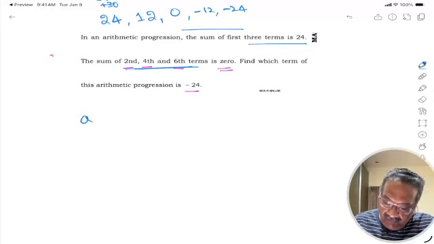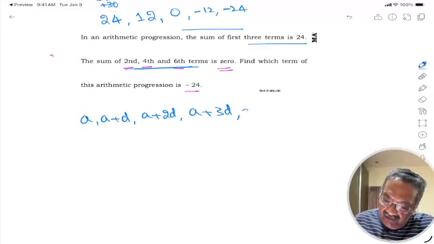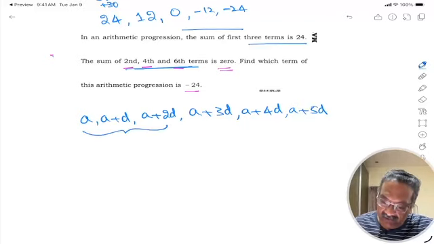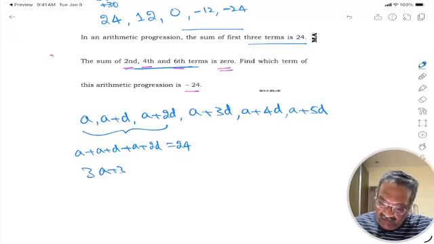So let the terms be a, a plus d, a plus 2d, a plus 3d, a plus 4d and a plus 5d. The sum of the first three terms is 24, that is a plus a plus d plus a plus 2d is 24. So 3a plus 3d is 24, a plus d is 24 divided by 3, which is 8.